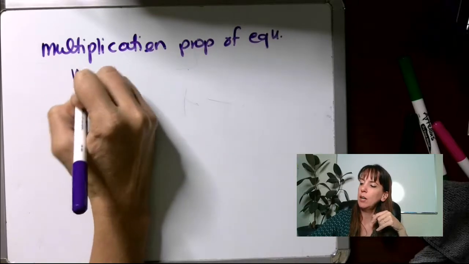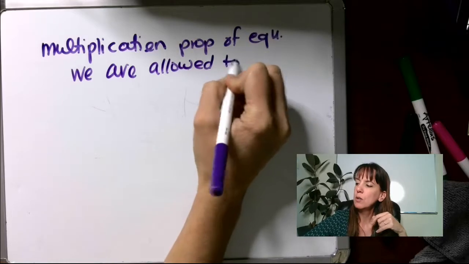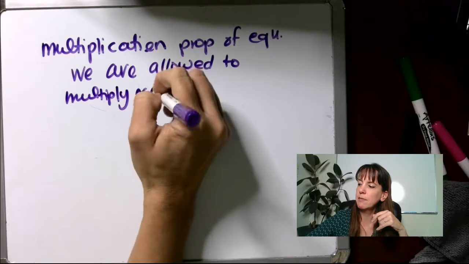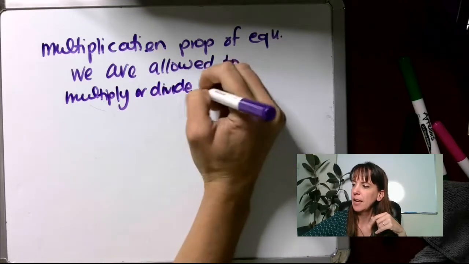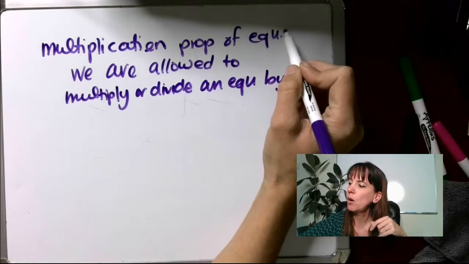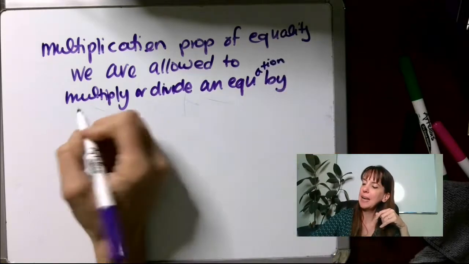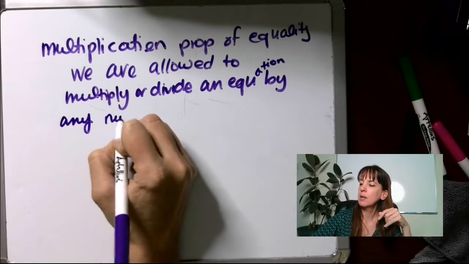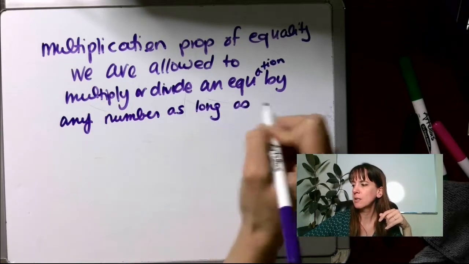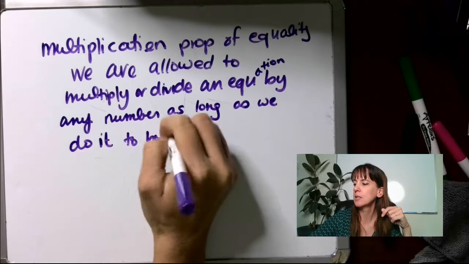It says we are allowed to multiply or divide an equation by any number as long as we do it to both sides.